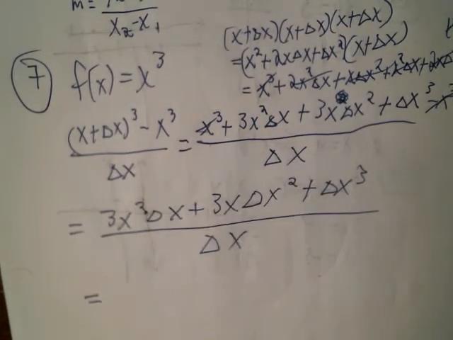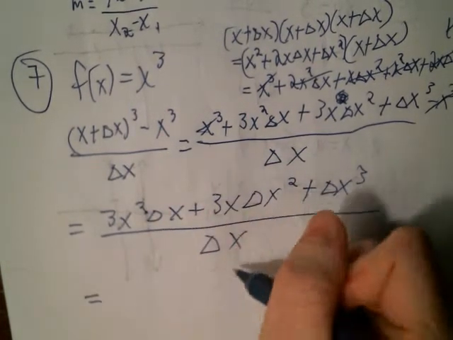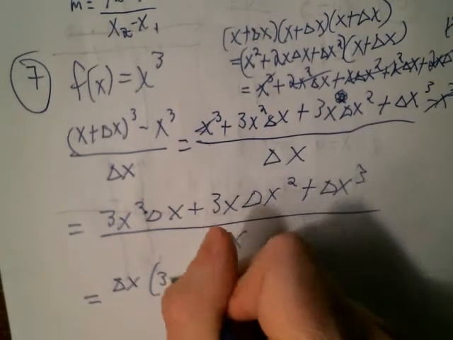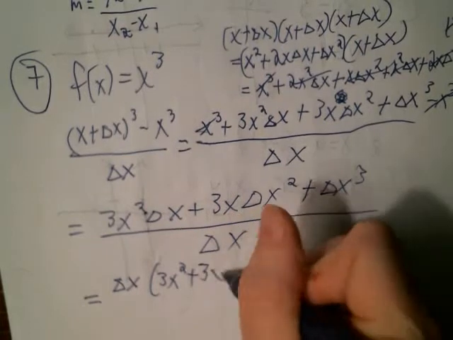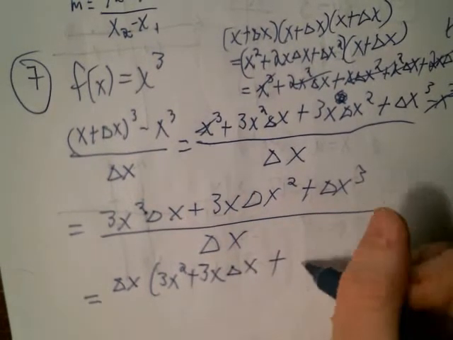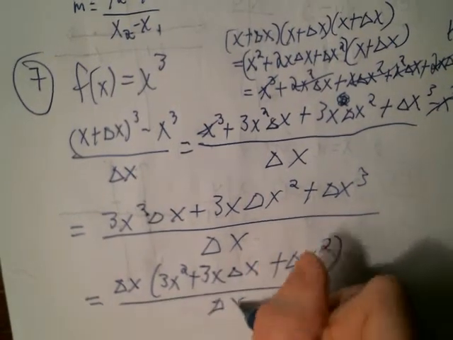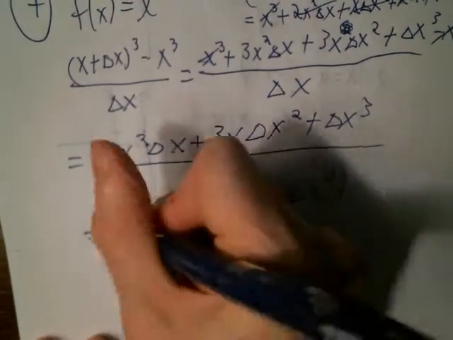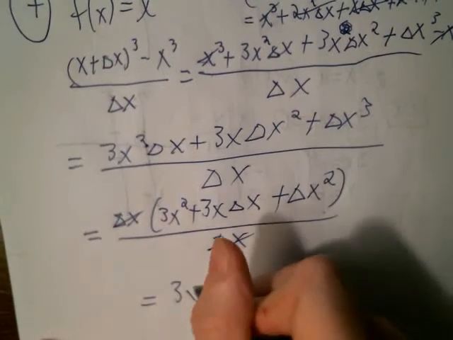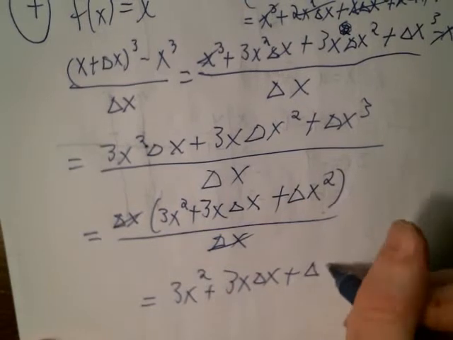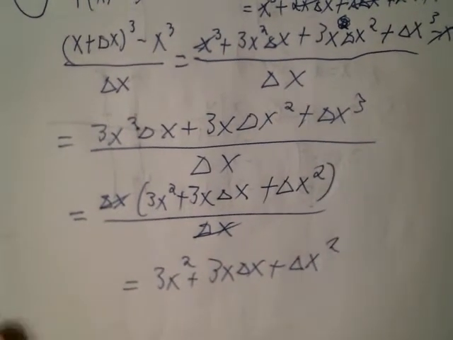In order to do that, we're going to factor out the change in x in the numerator, and then cancel that change in x with the denominator, and you end up with 3x squared plus 3x change in x plus change in x squared for your final answer.